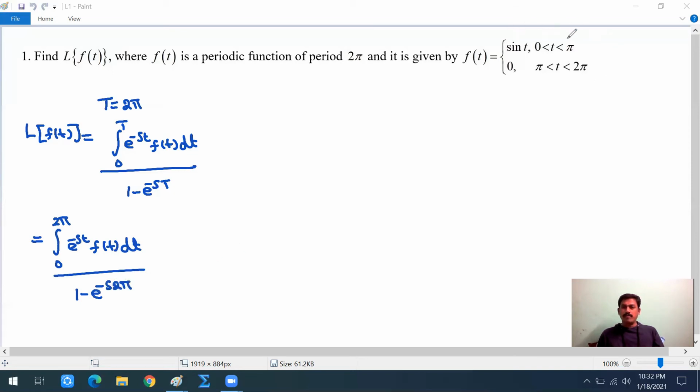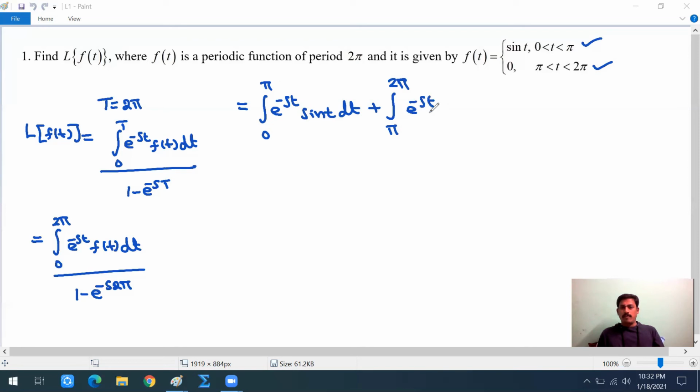If you observe this f of t, it is defined in two intervals. We will divide this into two intervals: 0 to pi e power minus st, in this interval your f of t value is sin t, into dt, plus integral pi to 2 pi is the another interval.